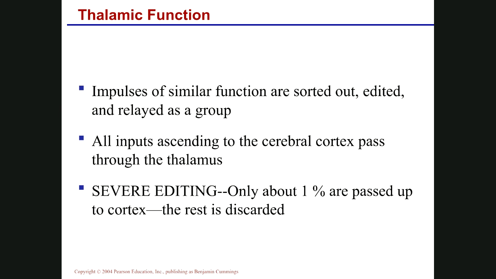So it'd be like all of the extraneous emails that came to Tim Cook, all the phone calls that were not very important, all of the mail that was kind of junk mail, all that stuff would get thrown away before it ever went into his office and in front of his eyes. And that's exactly the thing that the thalamus is good at doing. It prioritizes the information and sends it up for analysis.